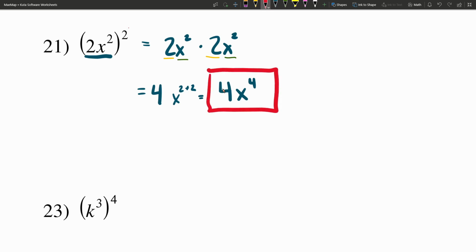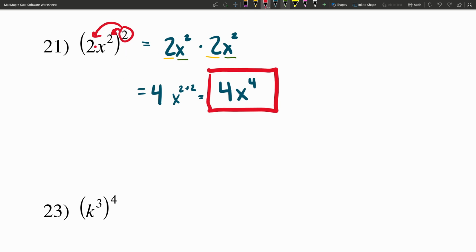However, there's an easier way to think about this. Because we have a base of 2x squared and we're raising it to an exponent of 2, think about this term inside those parentheses. Because we have parentheses around the 2 times an x squared, we can apply this exponent to the 2 and to the x squared.